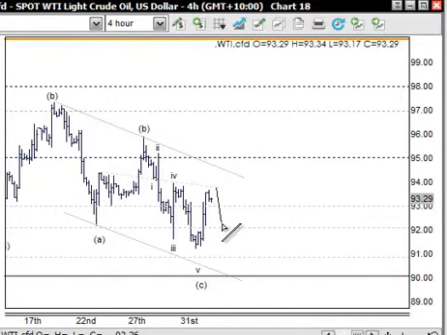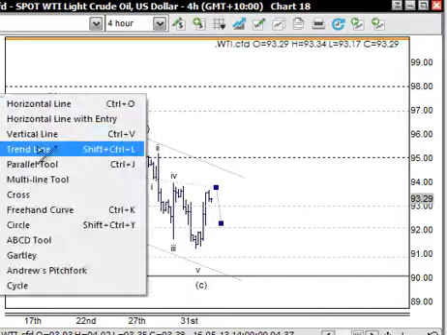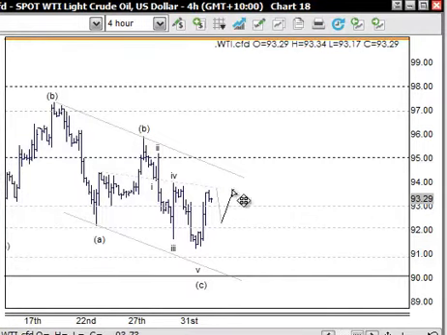So perhaps a retest back through to here, and then we would need to see a move back up through here, and then support on the 93 here. If that's the case, then we would be looking to take that high out through here in terms of a trade, so to speak.